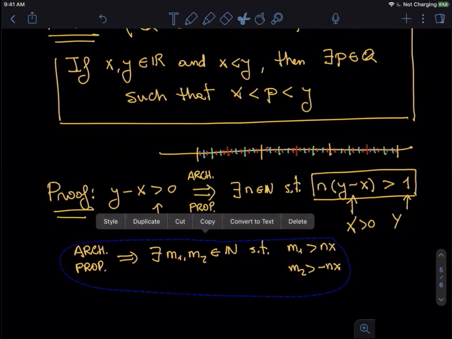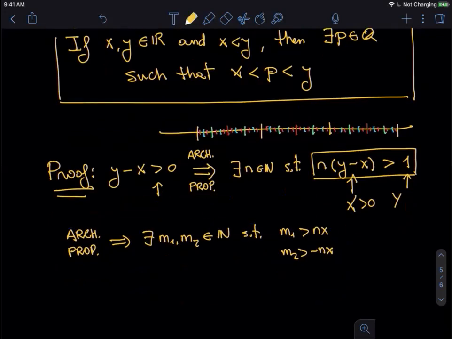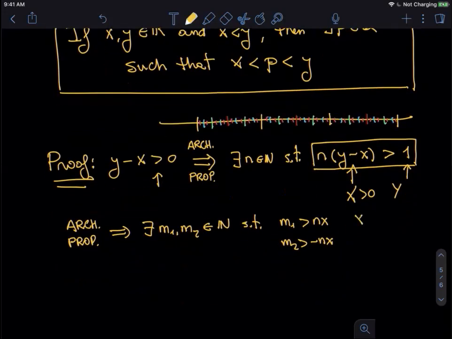In this case, we are taking x in the Archimedean property to be 1, which is positive, of course, and y, we are taking either nx or negative nx.